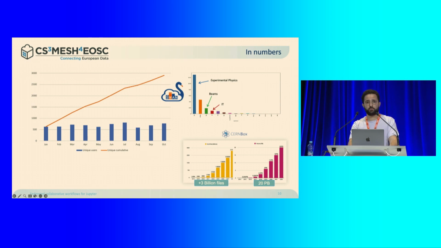In terms of storage, we're talking about 3 billion files and 20 petabytes of data in Sandbox. This excludes all the scientific data that is stored in a separate instance, because if we start talking about that, it's not 20 petabytes, it's more like almost 800. So you can see that it's less, but still very considerable, the amount of data that our users keep in this system. But either way, all of this data is available from Swan, both cases.